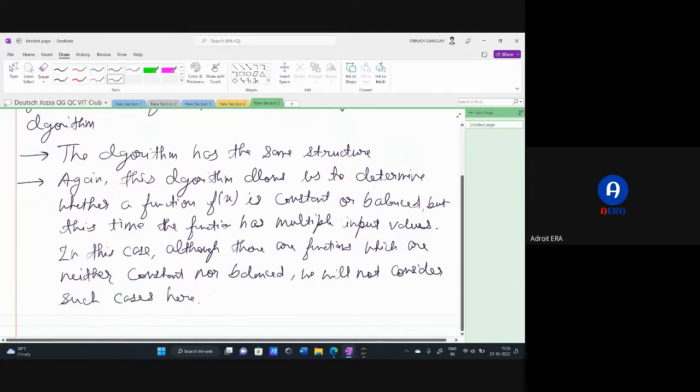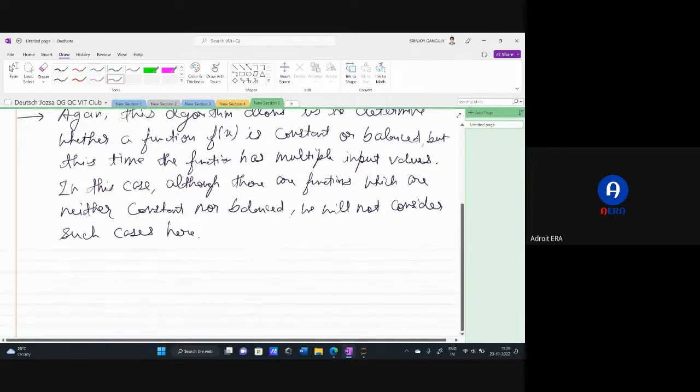So for example, for 2 qubit input, the bit strings can be, what are bit strings?